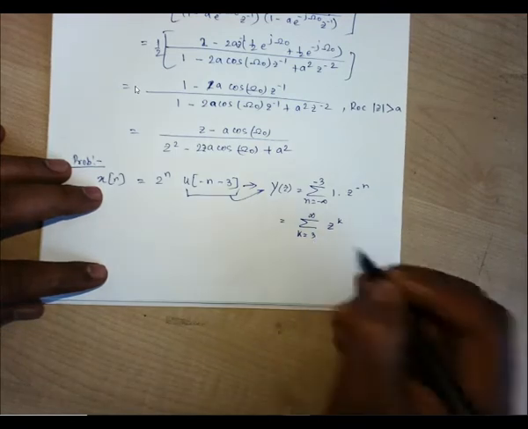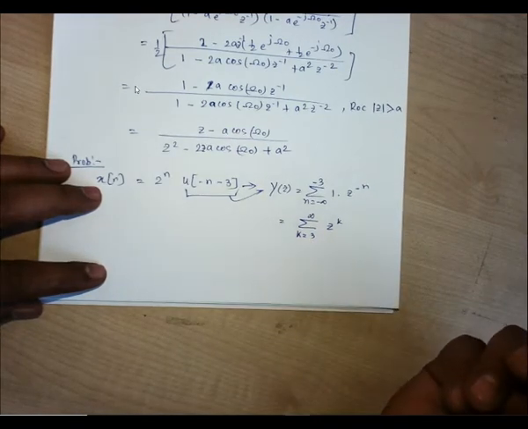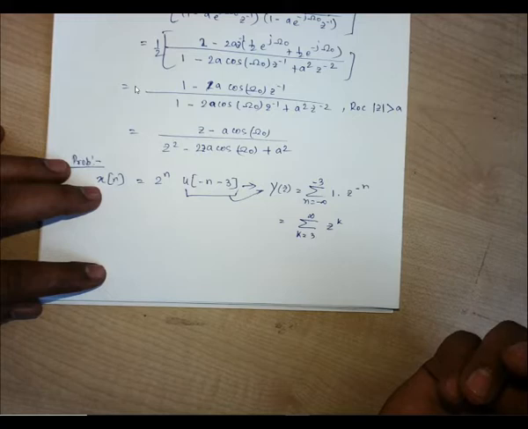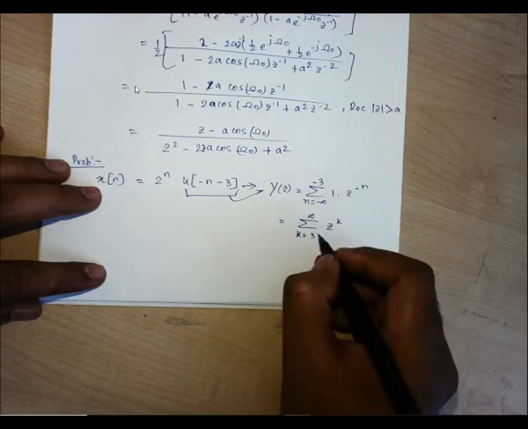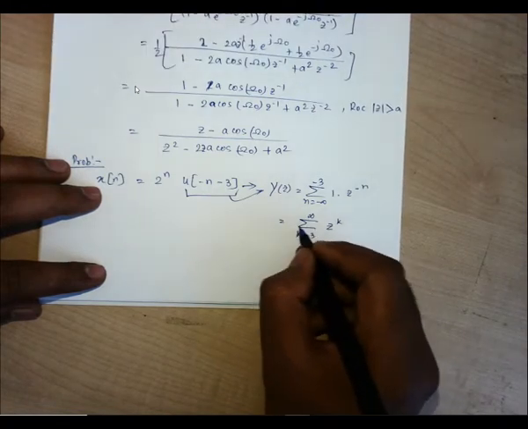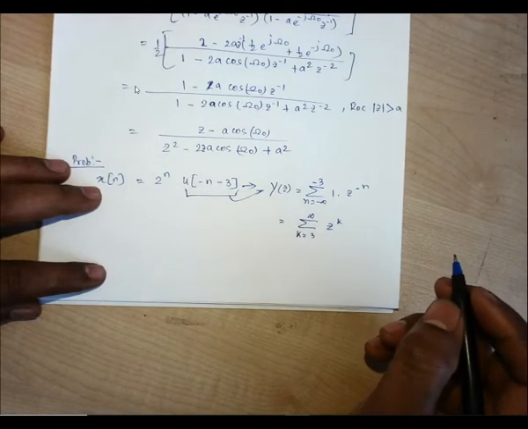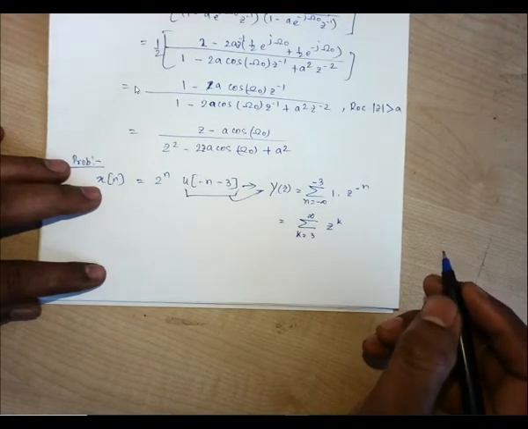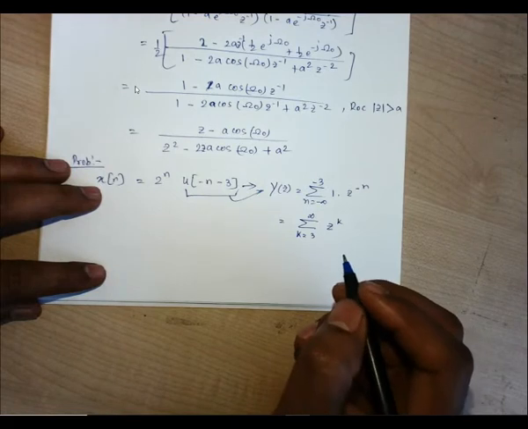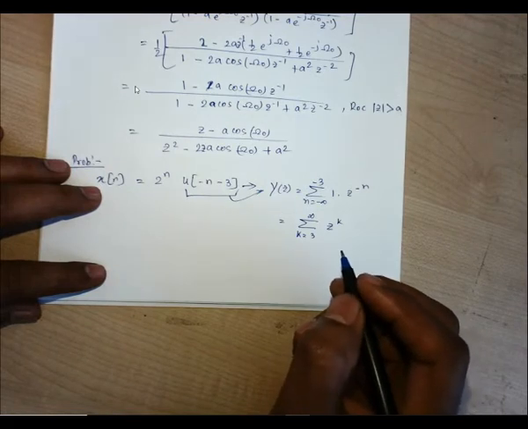Next we need to make it start from 0. How can we do that? If we take the first one as 2, then we need to subtract z square. If we take 1, then we need to subtract z. If we take 0, then we need to subtract what?